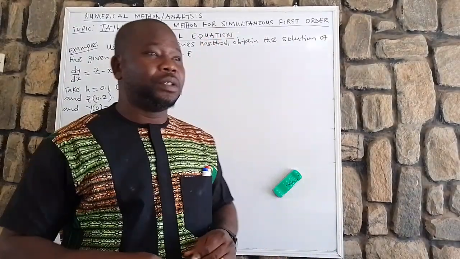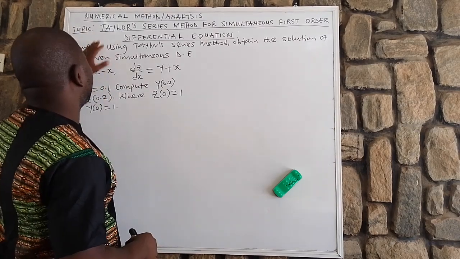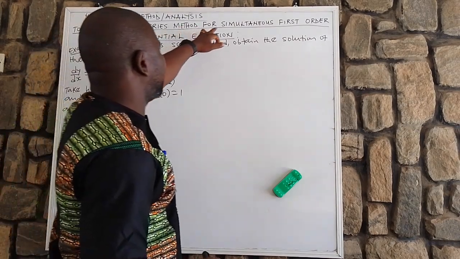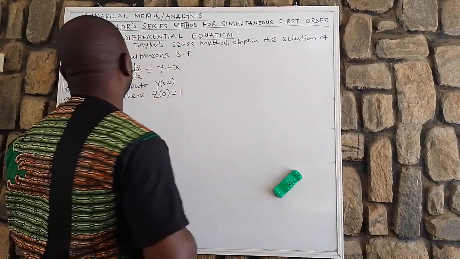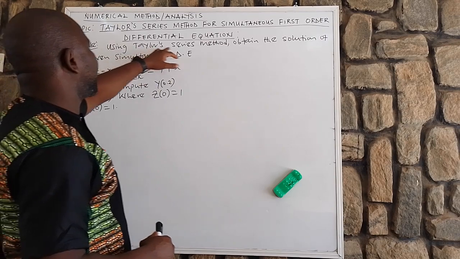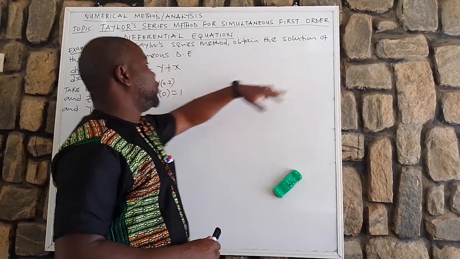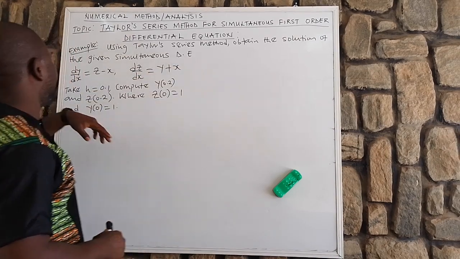In this video, we'll be looking at the topic Taylor series method for simultaneous first order differential equations. One of the examples says, using the Taylor series method, obtain the solution of the given simultaneous differential equations.